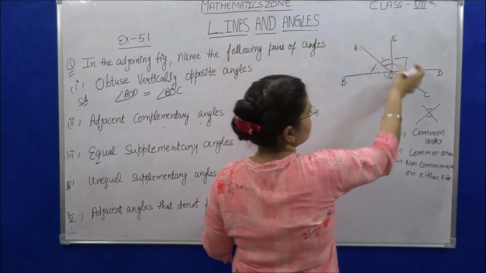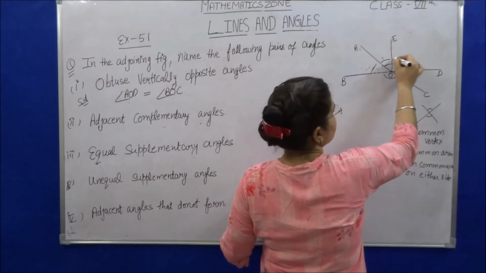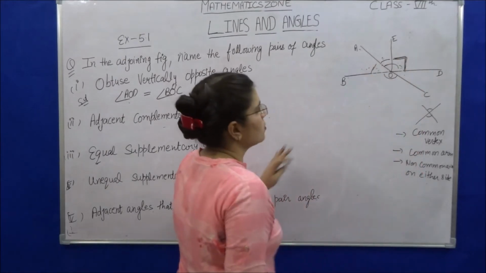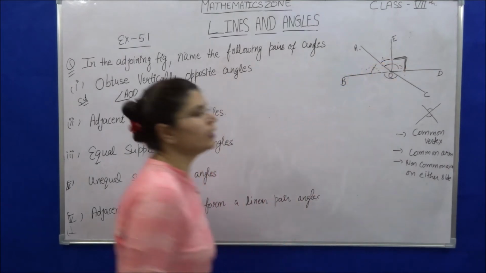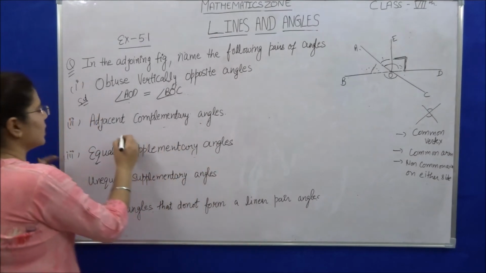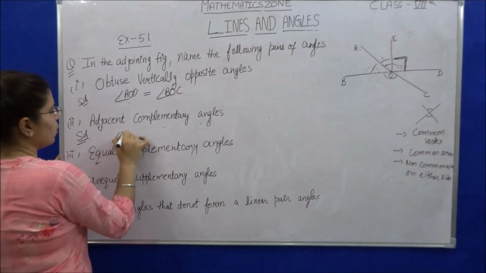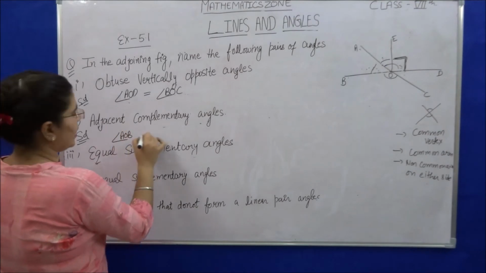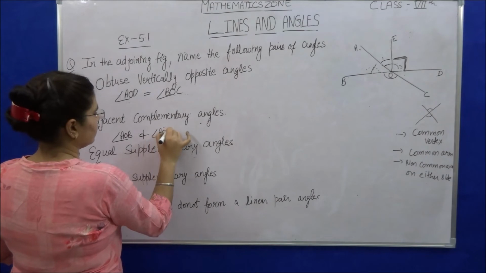So the sum of these two angles is 180 degrees, and as this is 90 degrees in measure, the remaining will be 90. So the sum of these two angles will be 90 degrees. So these two angles are complementary. So our answer will be angle AOB and angle AOE.